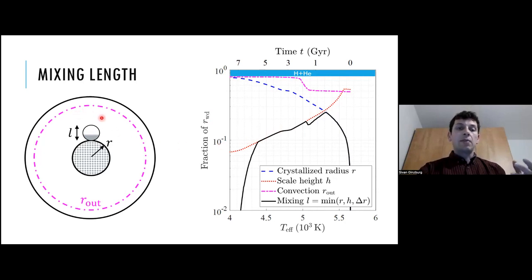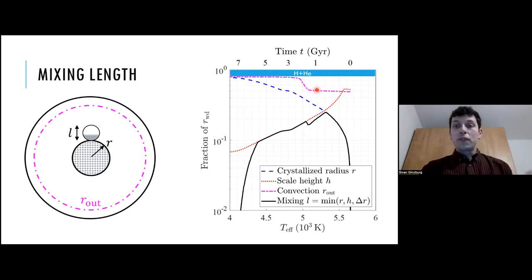And finally, these elements are limited by the overall size of the convection zone. The convection zone is limited from the outside by this R out, marked by this magenta line over here. You can see that at late times, convection reaches all the way to the hydrogen and helium envelope. But at earlier times, convection actually stops in the middle of the C and O layer, and that's because of gradients of C to O that stabilize against convection.